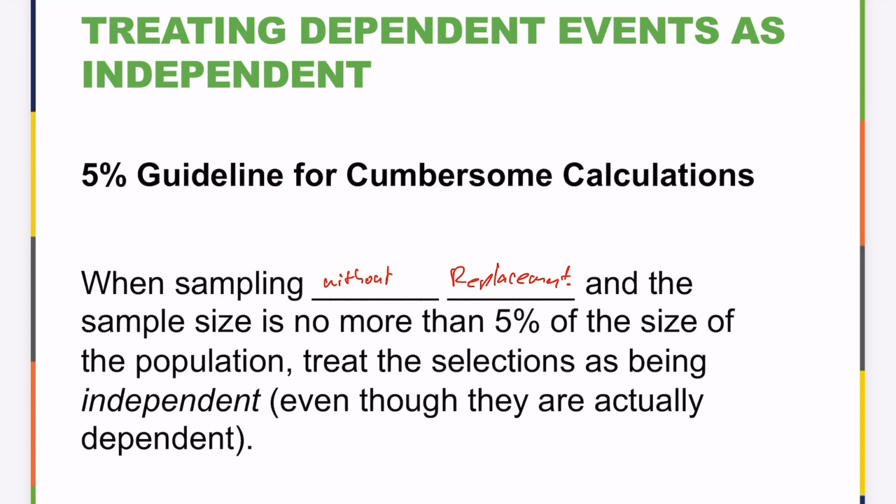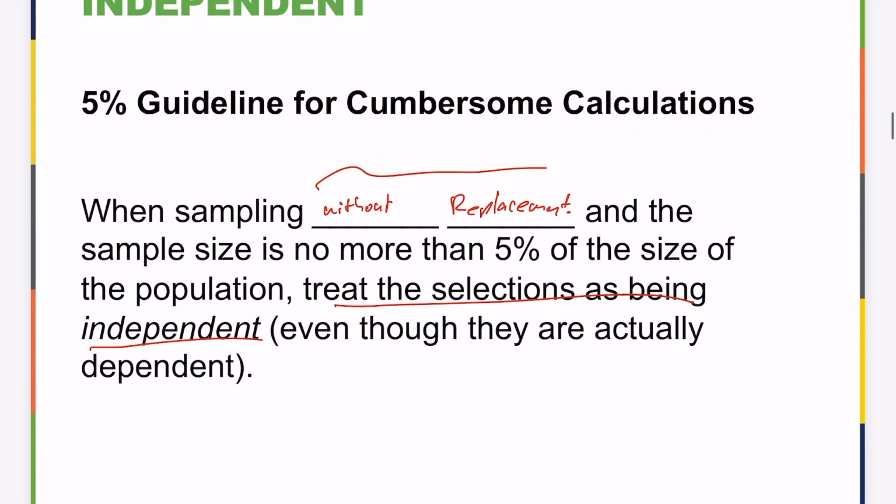But if your sample times 20 is smaller than your population, then treat the selections as being independent. Wonderful. So that means we can apply the binomial distribution to sampling without replacement, so long as the population is big enough.